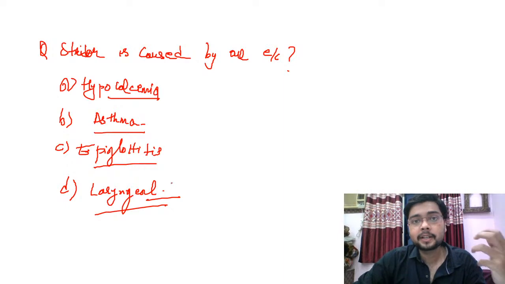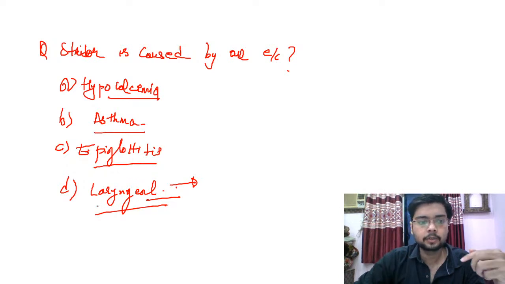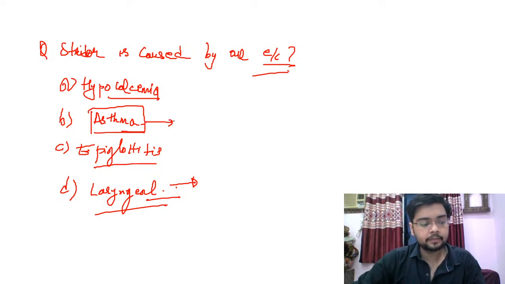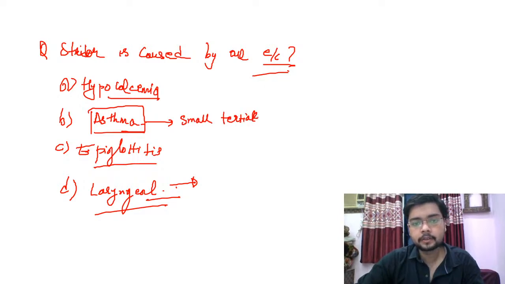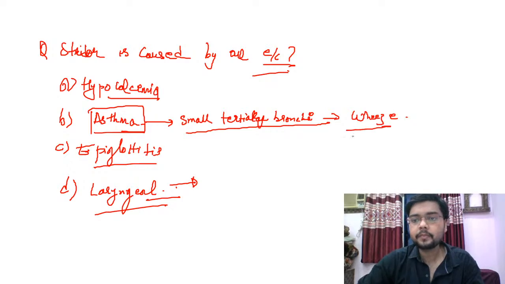Okay, so here you have to find the key at what level. Now if you see by answer of exclusion, if there is obstruction in the larynx, it will cause stridor. So this cannot be your answer because here the examiner is asking except. Epiglottitis, again a part of larynx, so stridor will be present. Asthma: now in asthma, if you notice, mostly it involves the small tertiary bronchi. So there is obstruction at the level of small tertiary bronchi, and this leads to production of wheeze, right?